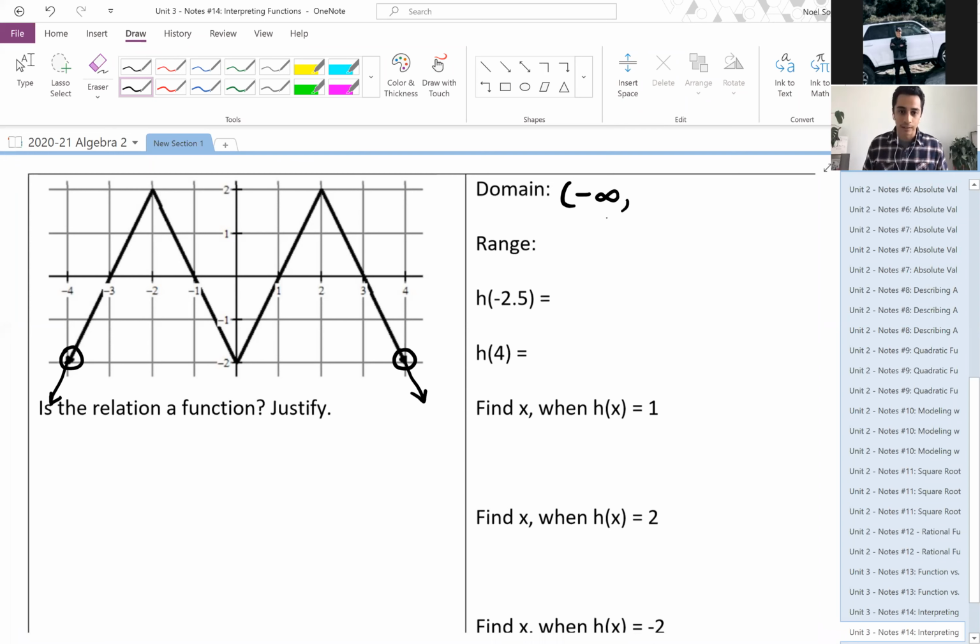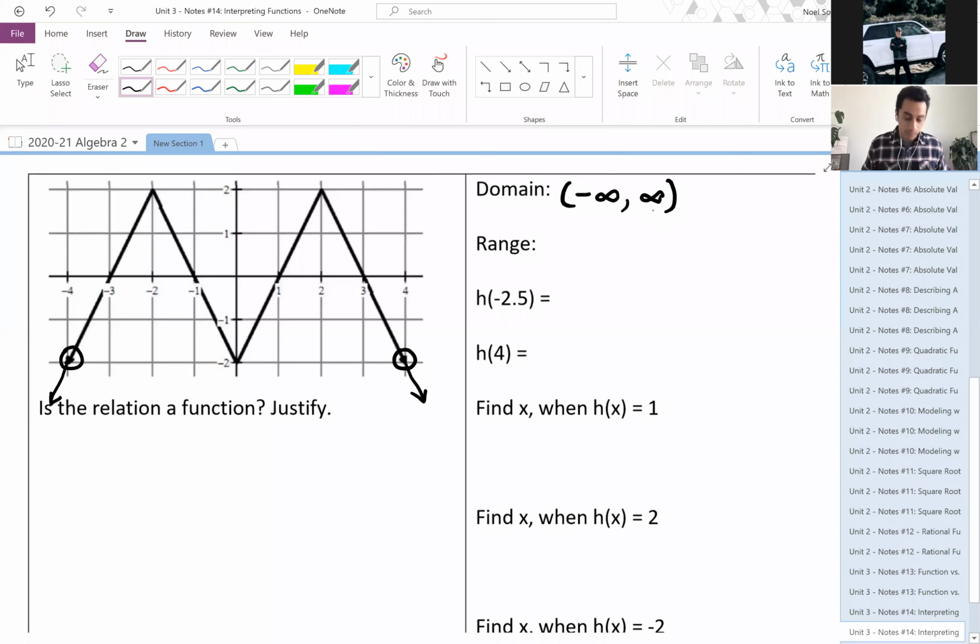Where is it headed? Well, it's moving to the right. Remember, we're doing domain. So yeah, it'd be positive infinity. Okay, good.